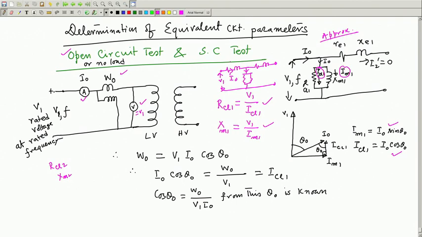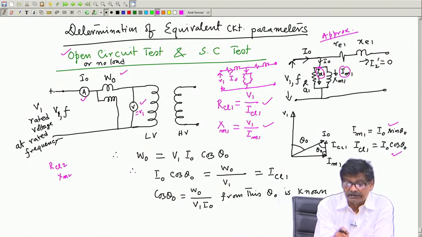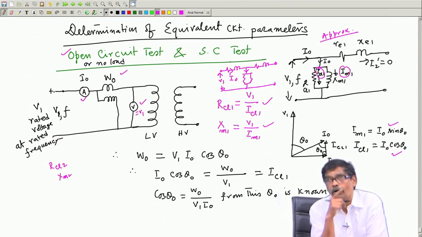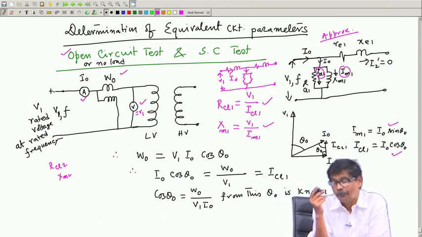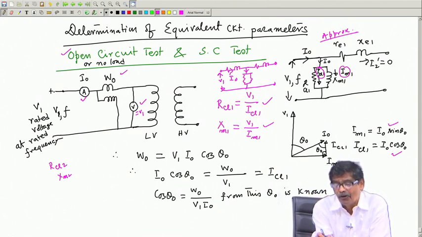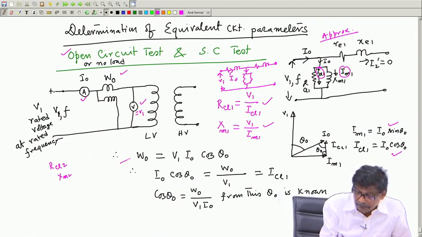In the open circuit test, winding current is pretty small, maybe 2 to 5% of the rated current. But applied voltage is rated at rated frequency, so the level of flux in the core is rated, and it is the level of flux that decides the core loss. So, core loss will be much higher than this very small current causing a power loss in R1. So, we neglected the copper loss.